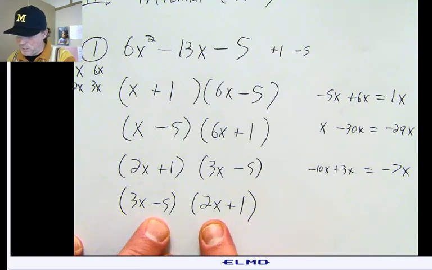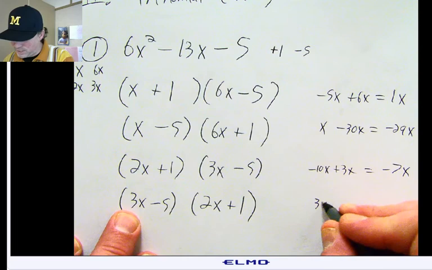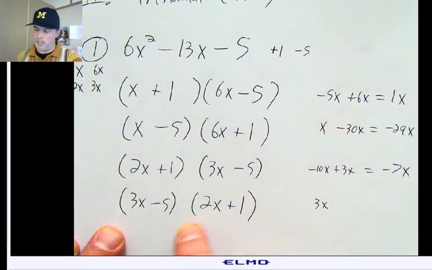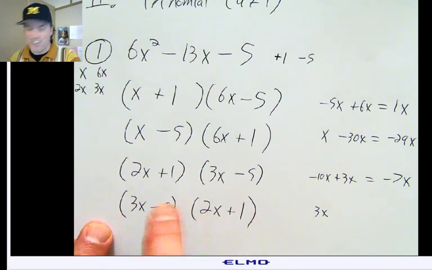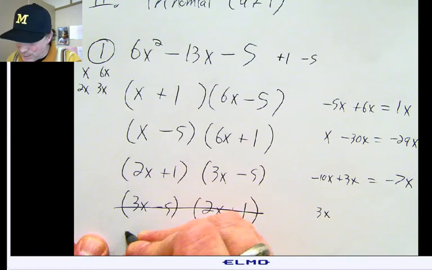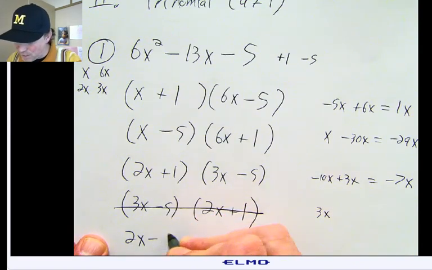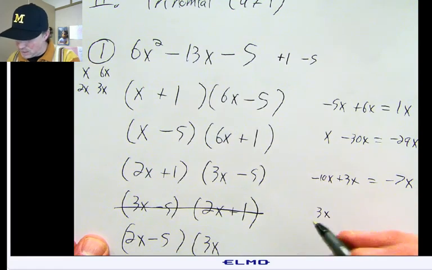And then finally, positive 3x. Oh, I see what I did. On this one, I switched the x and the 2. Essentially, this one and this one were exactly the same. That's silly. I need to keep the 2x in front, so it's 2x minus 5 and 3x plus 1.